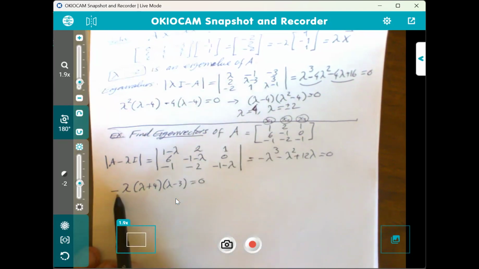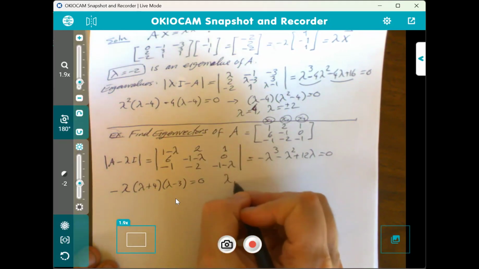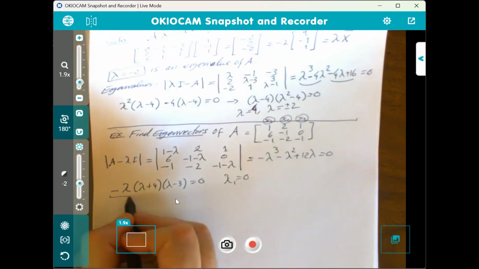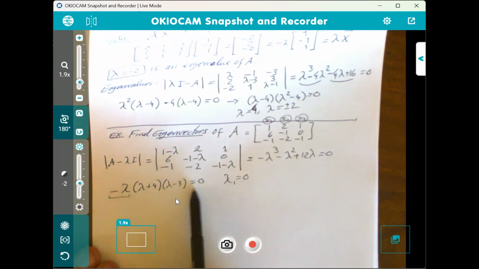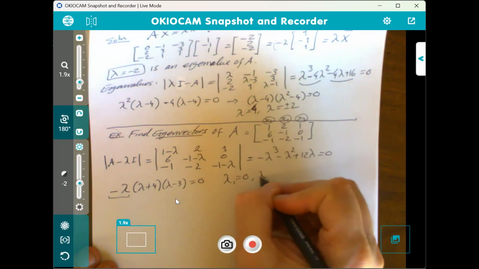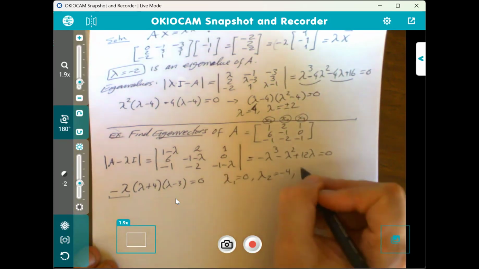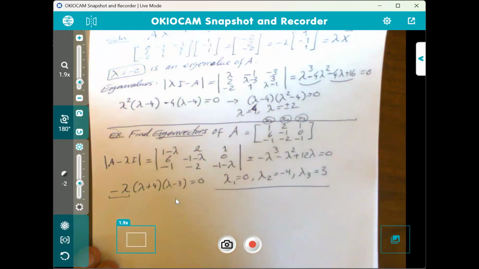Whether I set negative lambda equals 0 or lambda equals 0, it doesn't matter, because from that I get lambda 1 equals 0. So lambda 1 is 0. And in here, lambda 2 turns out to be negative 4, and lambda 3 turns out to be 3. And those are the eigenvalues.